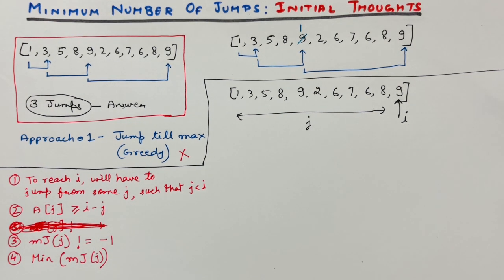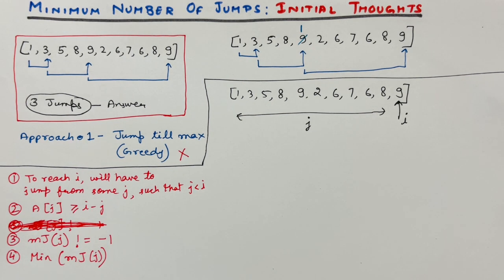So this is our fourth observation, that for all such j's which satisfy these three conditions, if we have the answers, the minimum number of jumps to reach j, then we should choose the minimum of them, because minimum of them + 1 will be our answer. +1 because we also need a direct jump from j to i.